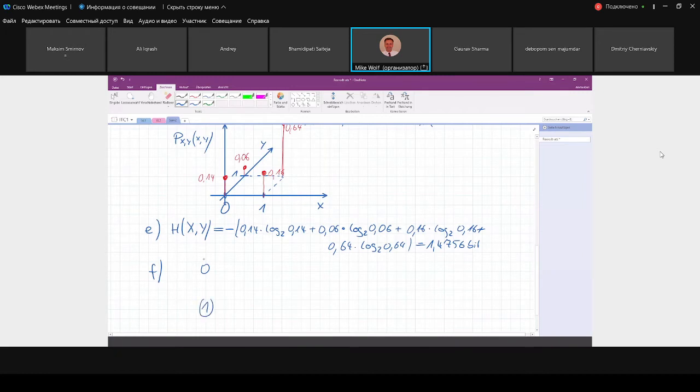So this is x. This is 0.2, as you can see. This is 0.8. 0 and 1, sorry. This is y, this is x, this is y, 0.3, 0.7. And we have the joint probabilities. This is what we need. So we have p of x. This is what we have.